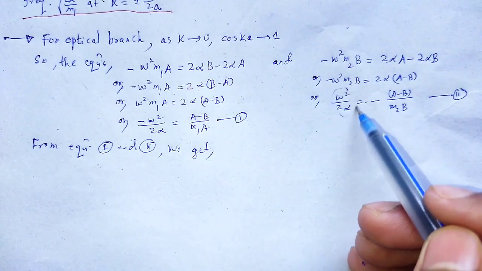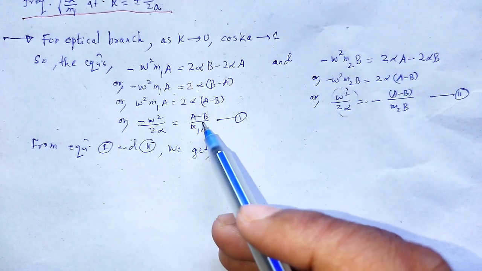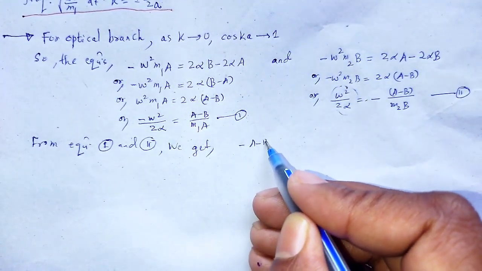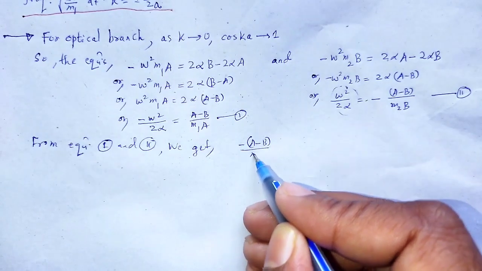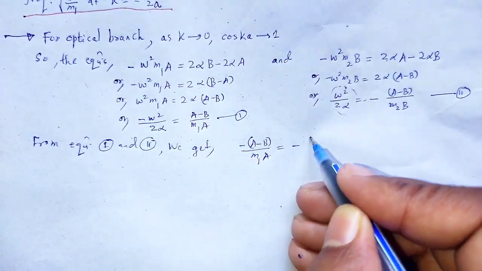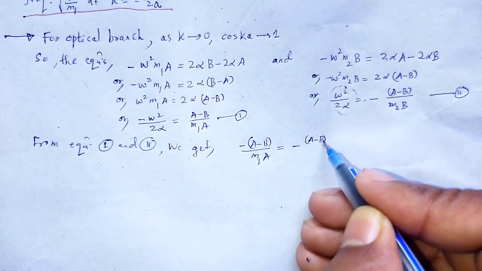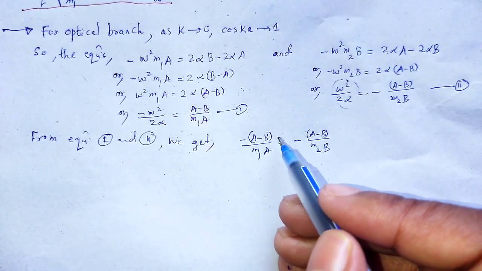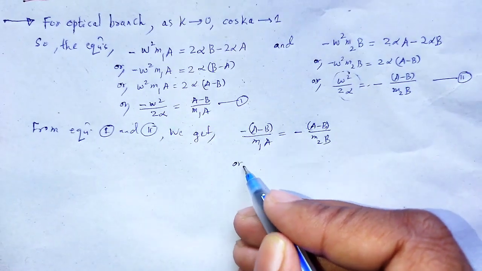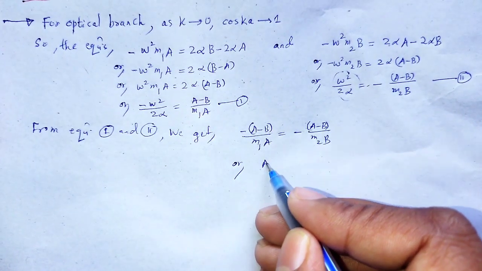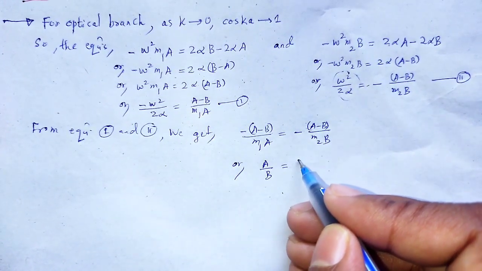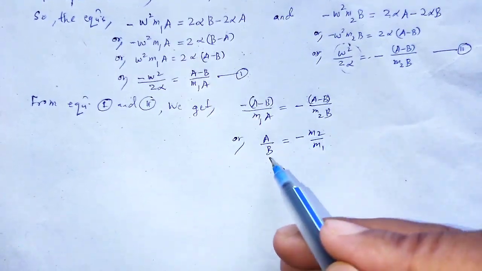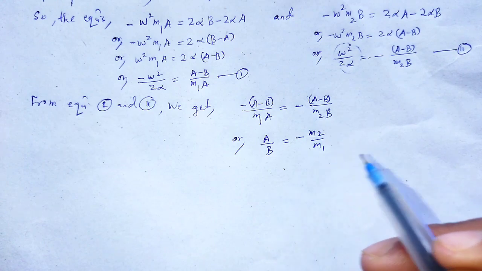For omega square by 2 alpha, here omega square by 2 alpha is equal to minus of that much. So minus of (a minus b) divided by m1 a is equal to minus of (a minus b) divided by m2 b, or we have a by b is equal to minus m2 by m1. A by b is equal to minus m2 by m1.